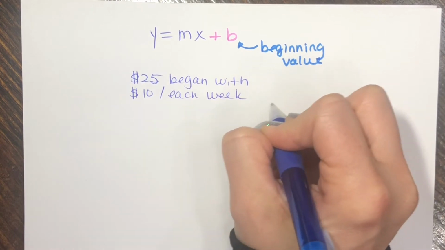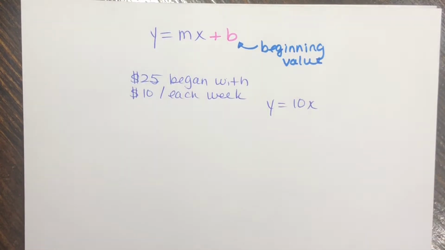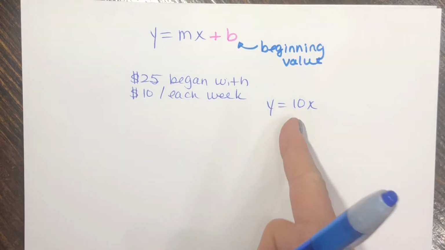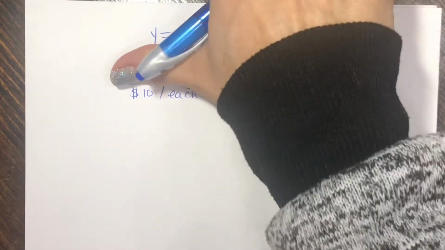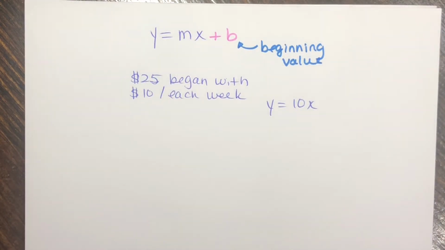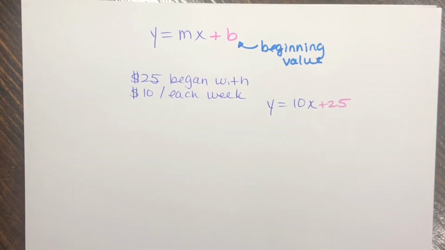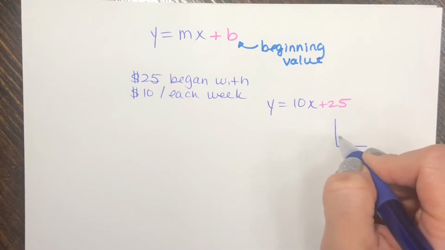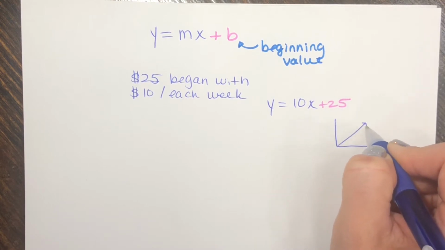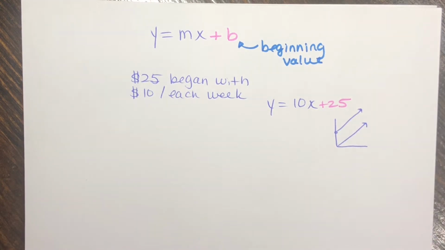So I am starting out and adding $10 each week to my savings, which before last week was me not having anything, but now I'm beginning with this amount. And so we are into the idea of shifting this proportional relationship up, right? So no longer are we starting at y equals 10x. We are starting with something to begin with, okay?